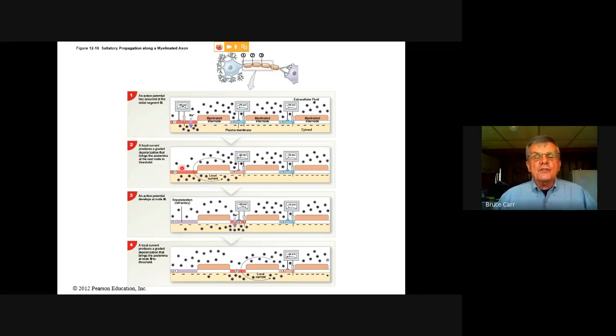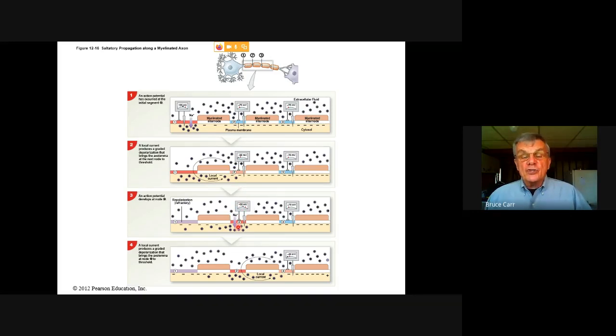So here we have the first action potential in figure 2 with sodium rushing in. But basically that sodium has to jump over, sort of like leapfrogging this insulated region, and can only find the next gate here at the node. And so as a result, instead of tripping every sodium gate along this length, it basically leaps over and goes to node 2.